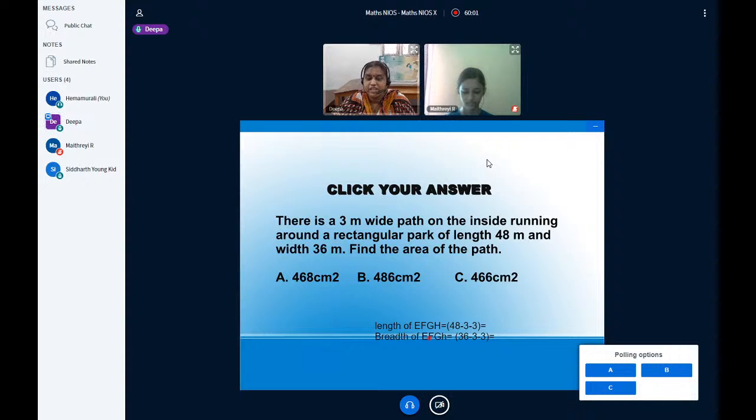Just give me your answer. That means A is 468 meters square, B is 486 meters square, or C is 466 meters square. Which one is right? That's not centimeter square, that's meter square. Okay.